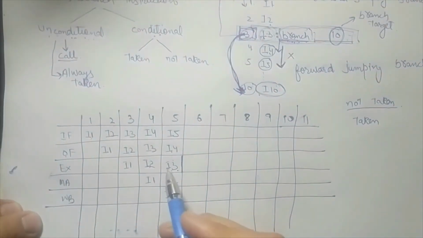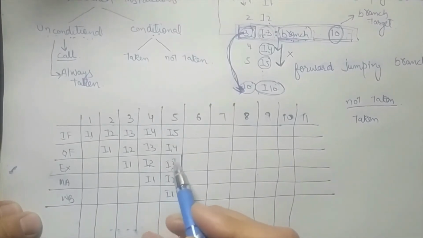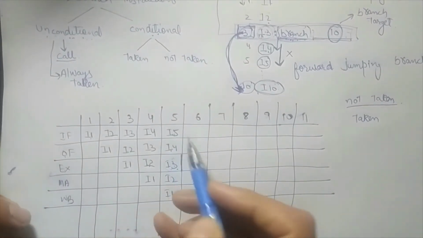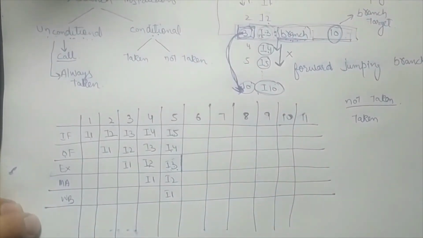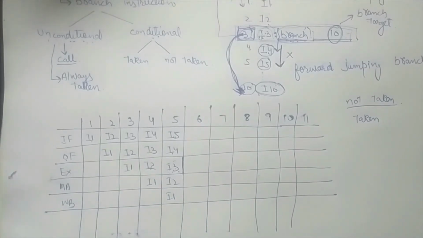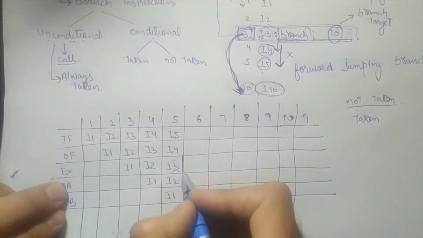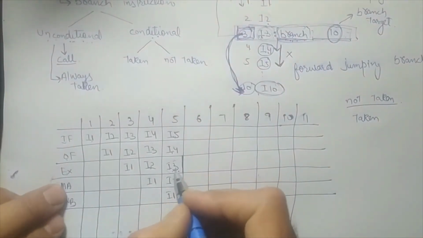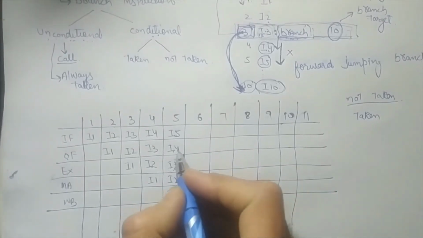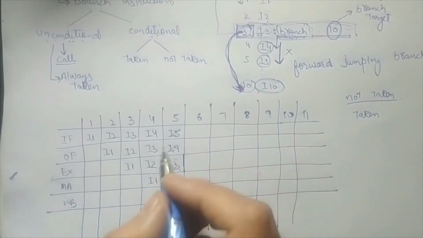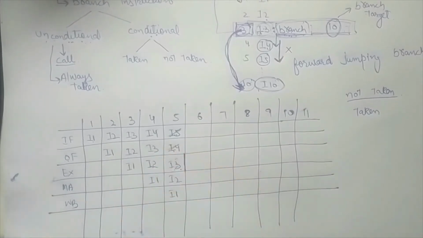But if we are not handling this, you can see I4 and I5 are already in the pipeline, so they are getting executed. So when we are in the execute stage, we are sure that the branch is taken, so we have to neglect or remove these instructions.